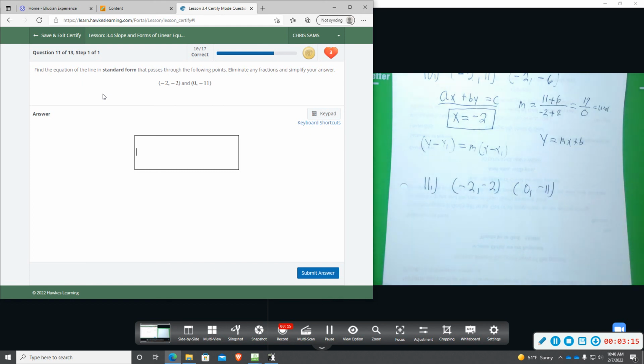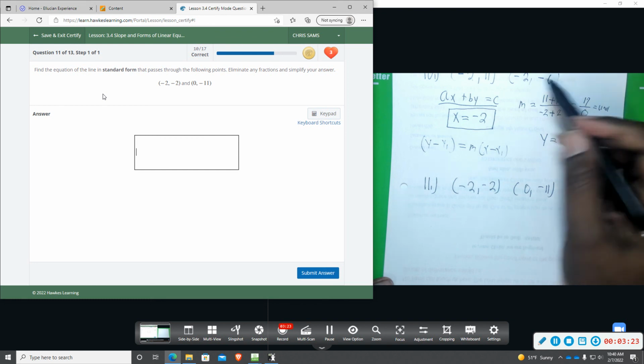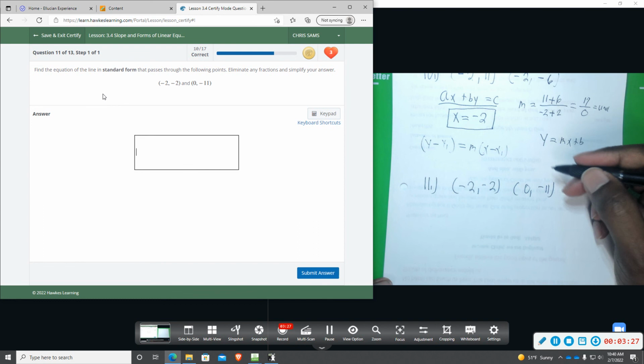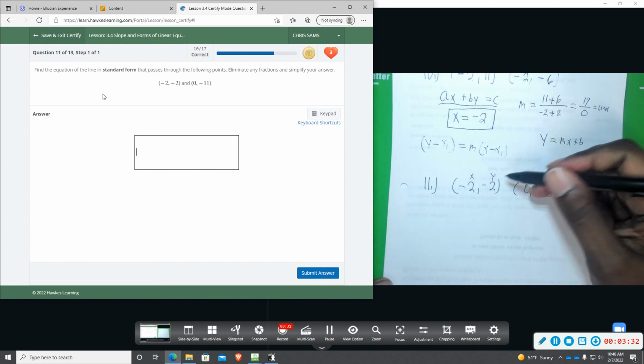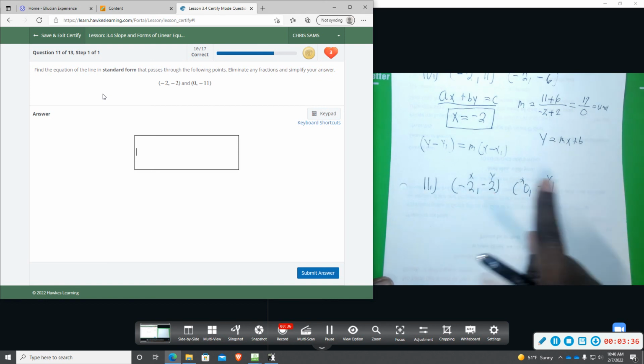Okay, so first we're going to find the slope. So I'm going to do, and I think I did that backwards. Did I do that backwards? No, that was fine. Yes, that's fine. So I'm going to do y minus y.